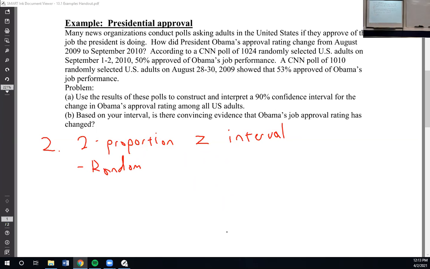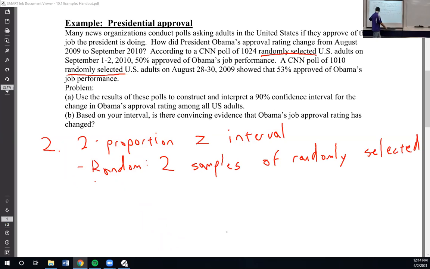We have randomly selected US adults in September, and we have randomly selected US adults in August. 2 samples of randomly selected U.S. adults were taken.